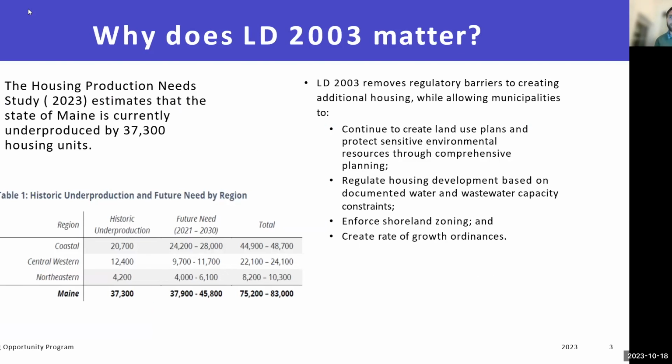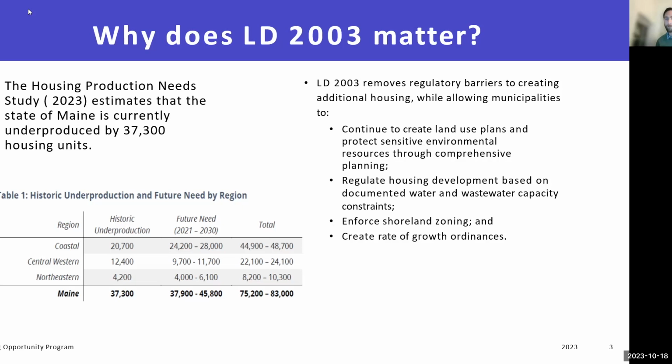LD 2003, as I mentioned, was a culmination of conversations focused on land use changes the state could make and trying to figure out how to address some of the housing shortages that the state was realizing we were going through. Earlier this month, my department, in sponsorship with Maine Housing Authority and the Governor's Office of Policy, Innovation, and Future, released a housing production needs study, which was part of LD 2003.